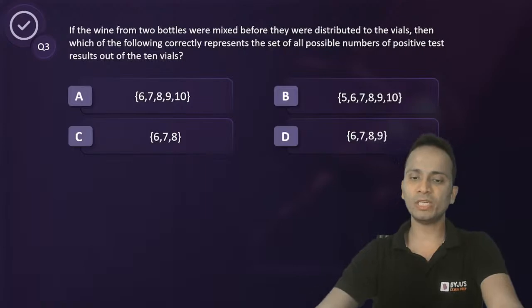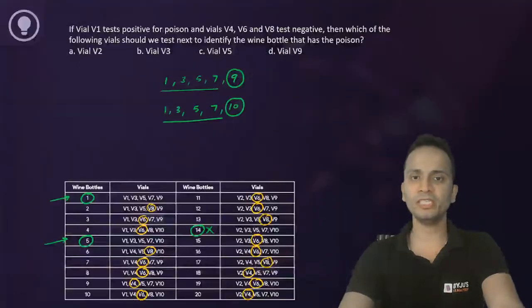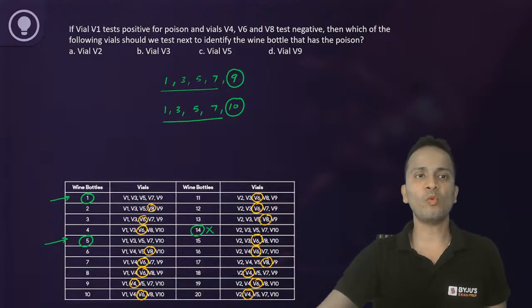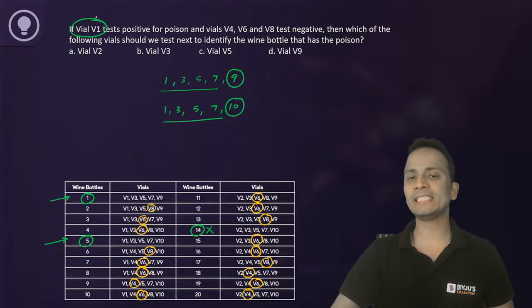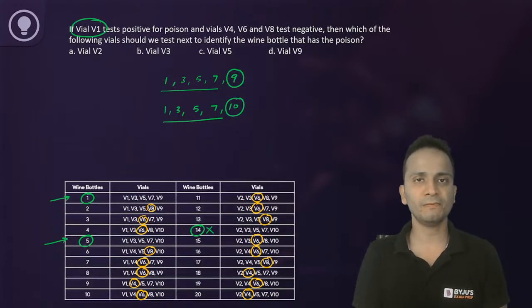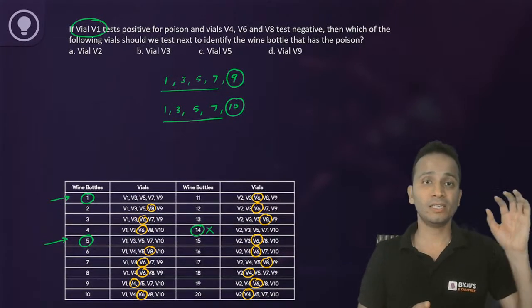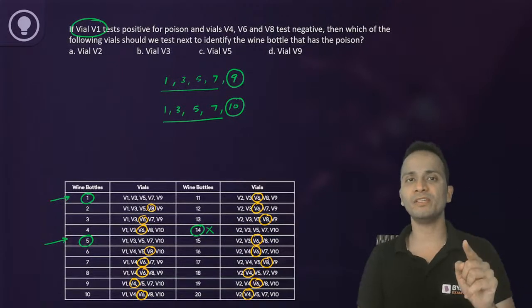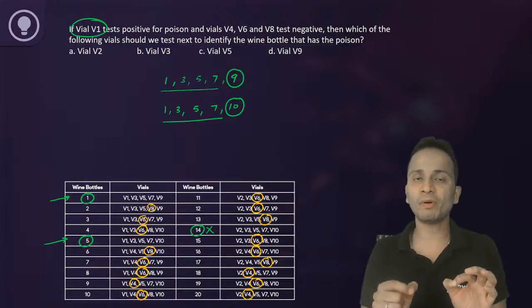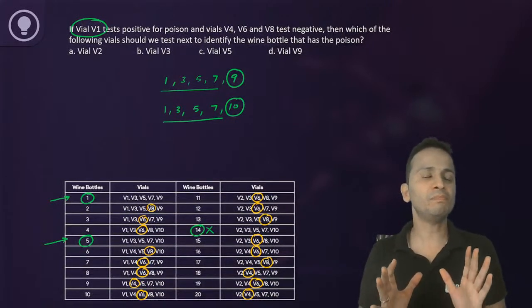I'll repeat about bottle number 14 again. Since vial 1 is already tested positive, the test result of vial 1 has come positive. So that means the bottle which has given a sample to vial number 1 can be poisonous.